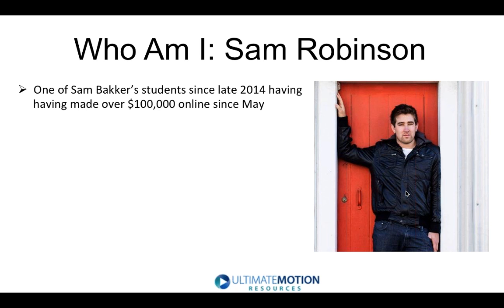Basically, since the 1st of May, I've made over $100,000 worth of sales online. And what is it? That's about 2.5 months. So I'm starting to pick up on it already, and I guess it's a true testament, for those of you who want to get into marketing, that you can do it as well, especially if you start using some of the techniques that you would pick up in this Ultimate Motion Resources pack, in terms of the Sales Secrets book as well.